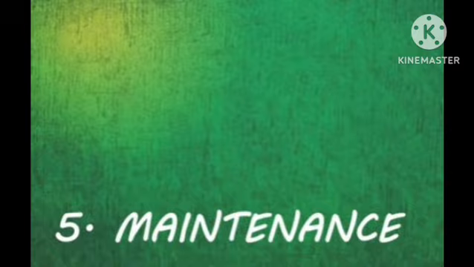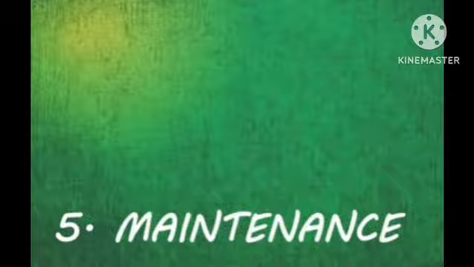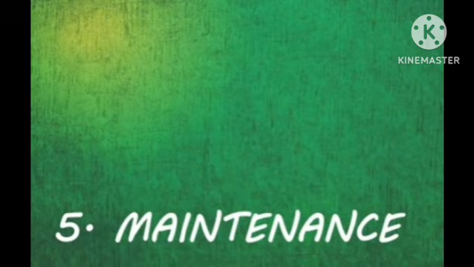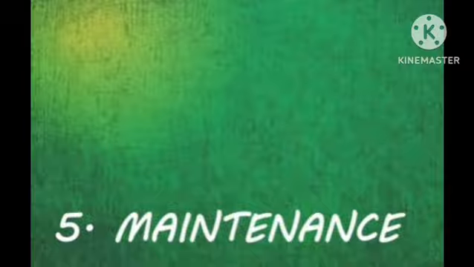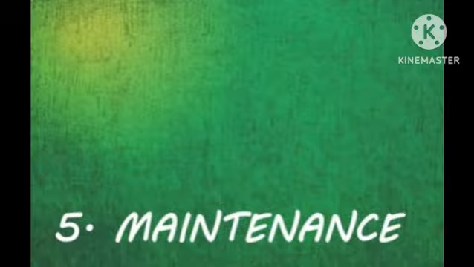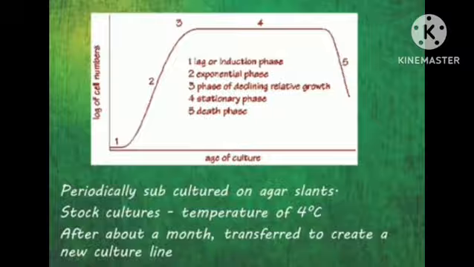Light, temperature, aeration. And third, storage methods: short term and long term. Long term is cryopreservation in liquid nitrogen at minus 196 degrees C. And next, contamination check. Regularly check under the microscope for bacteria and fungi. If contaminated, re-isolate using micromanipulation.